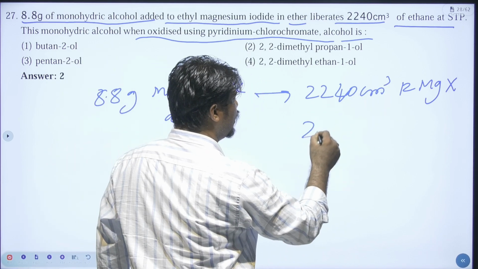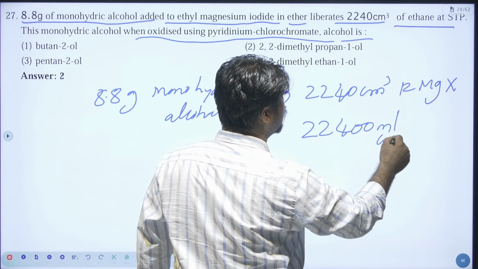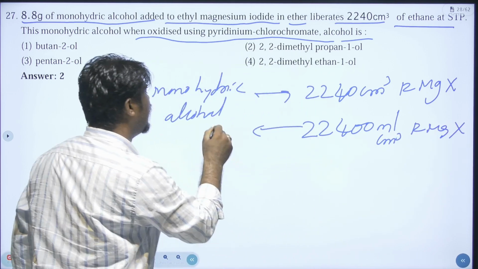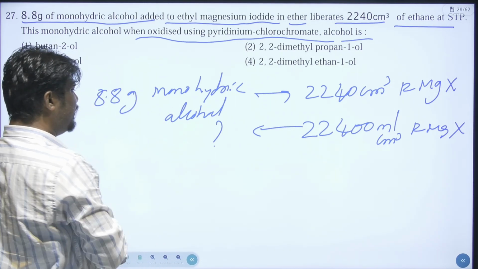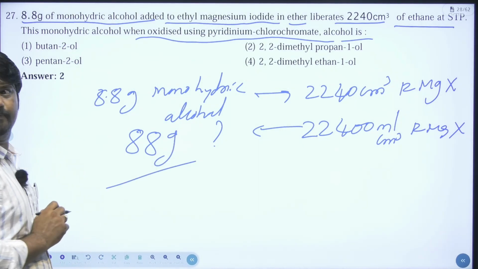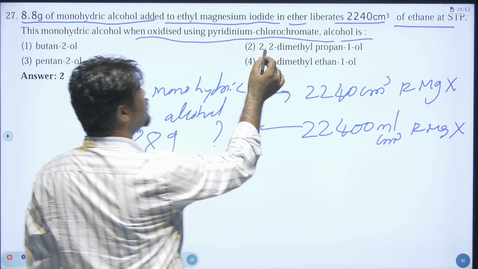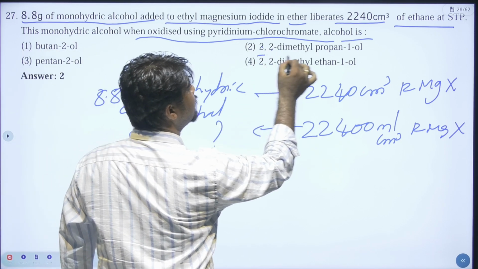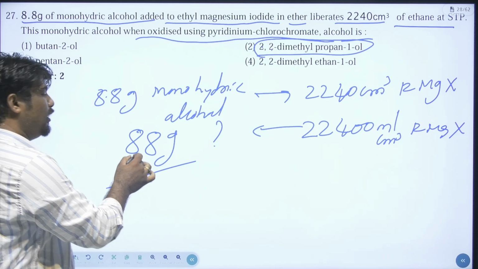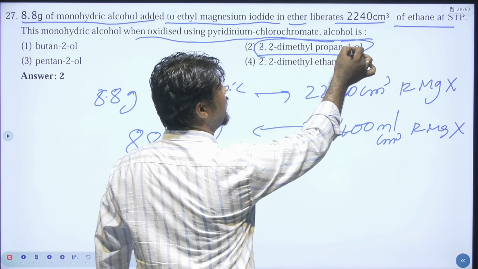Then for 22,400 cm cube of Grignard reagent, how much alcohol is required? On simplifying, we get 88 grams. What is the molecule having a molecular mass of 88 grams? That is 2,2-dimethyl propanol, and it is a primary alcohol.